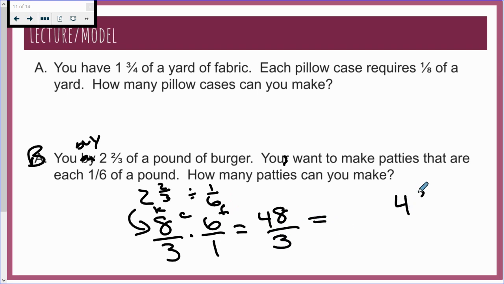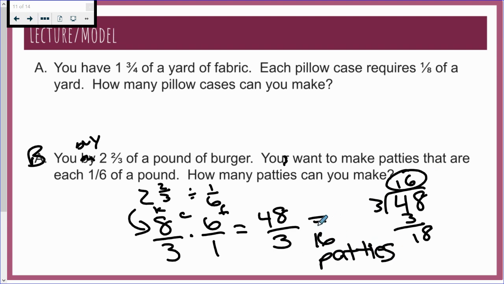Let's do 48 divided by 3. 3 goes into 4 once. 3 goes into 18 6 times. So our total is 16 patties this time. Same process, we just have to change that mix to an improper first.